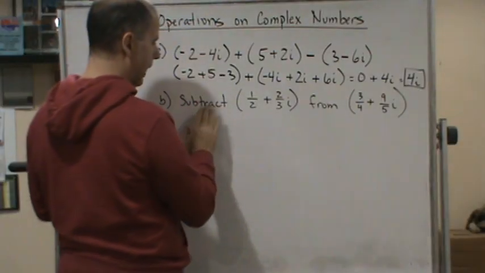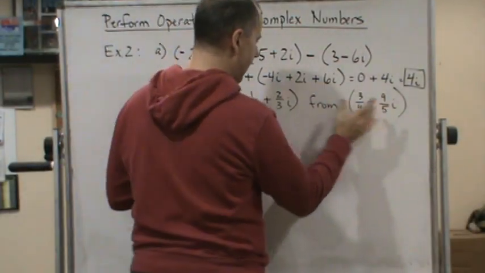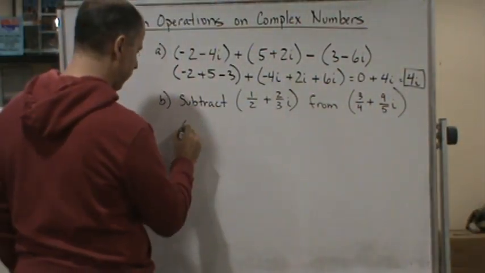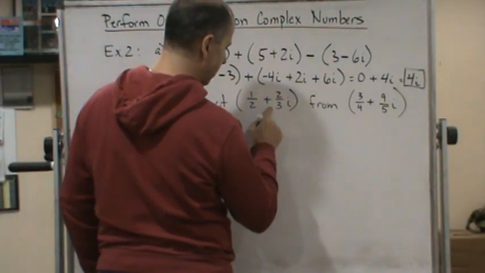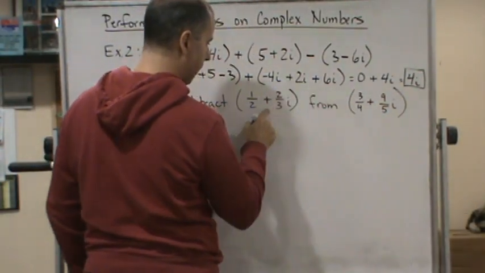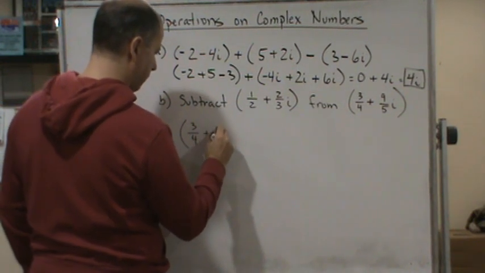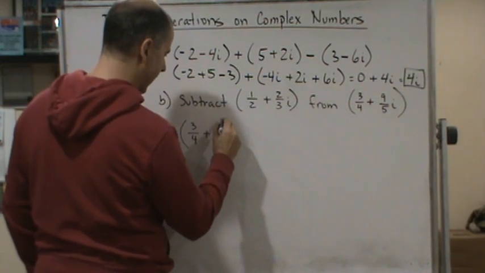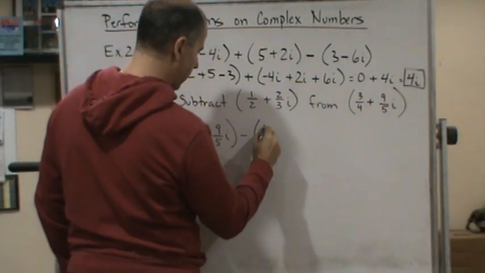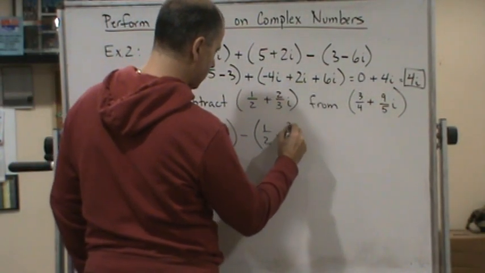So if they want to subtract this from that, the way we would write it is this minus this. So it's 3/4 plus 9/5 i minus 1/2 plus 2/3 i.